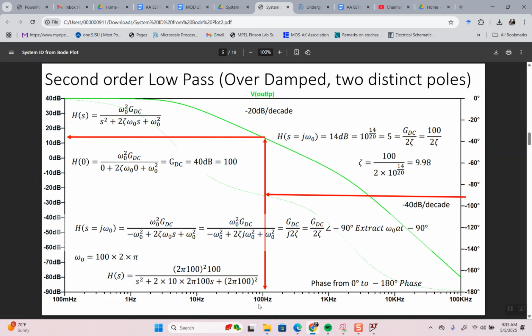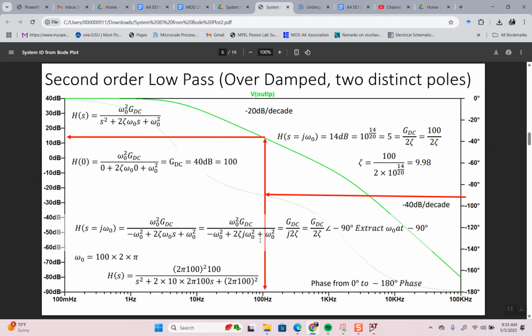The damping factor is, now you kind of have to go through the derivation. We have H of s with s equal to j omega naught. So we're picking a point. Every time you see s, we put in j omega naught, and you have to work with the complex numbers, right?